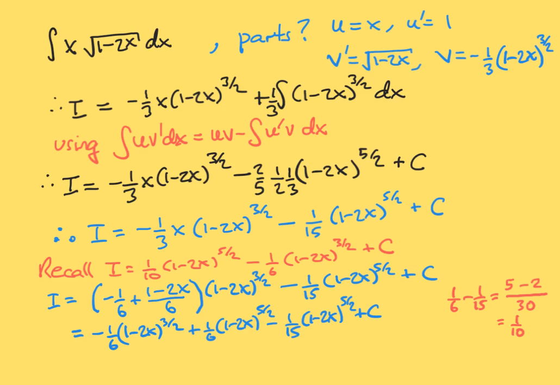And the 1/10 is exactly what we wanted here. It's also positive. So these two terms here and here are equal to, I'll just squeeze it in here, 1/10 times 1 minus 2x to the 5 halves.